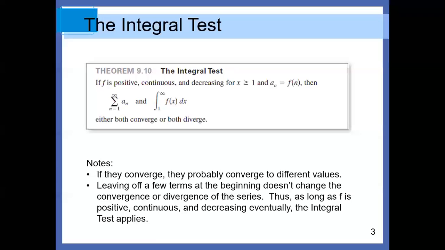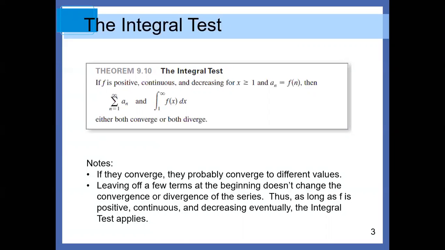It says, if f is positive, continuous, and decreasing for x greater than or equal to 1, and basically the function equals the terms at positive integer values. That's what that little statement says right there.